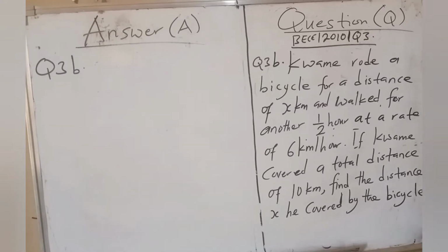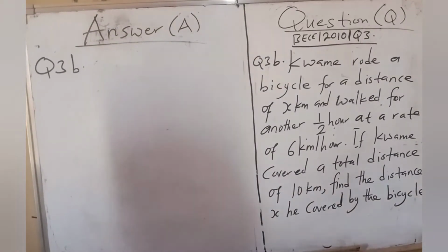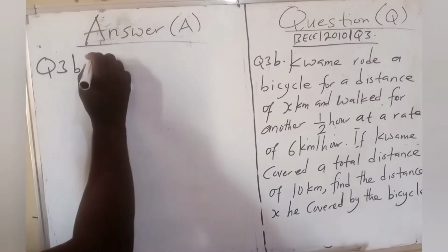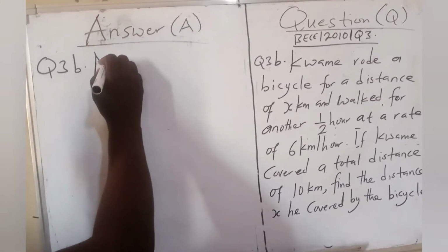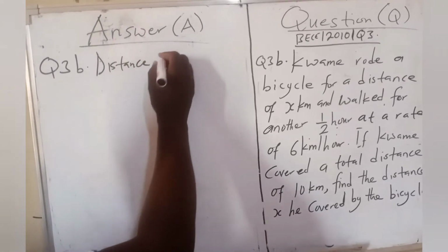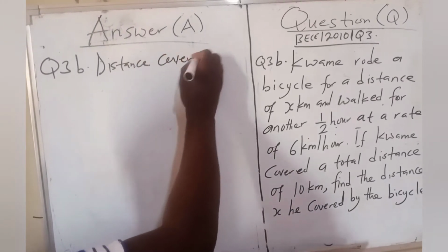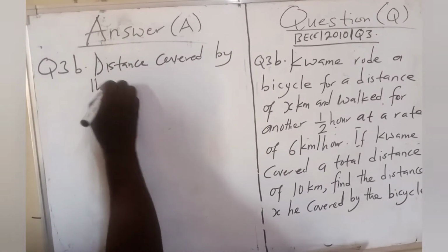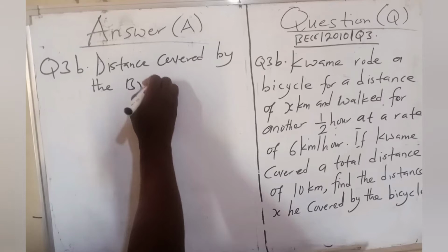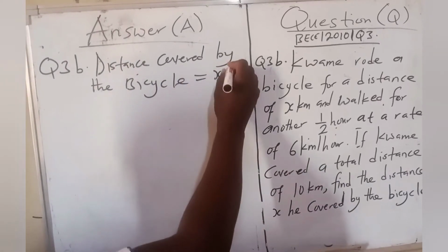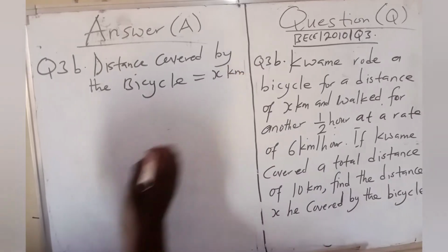From the question, the distance covered by the bicycle is given as X kilometers.